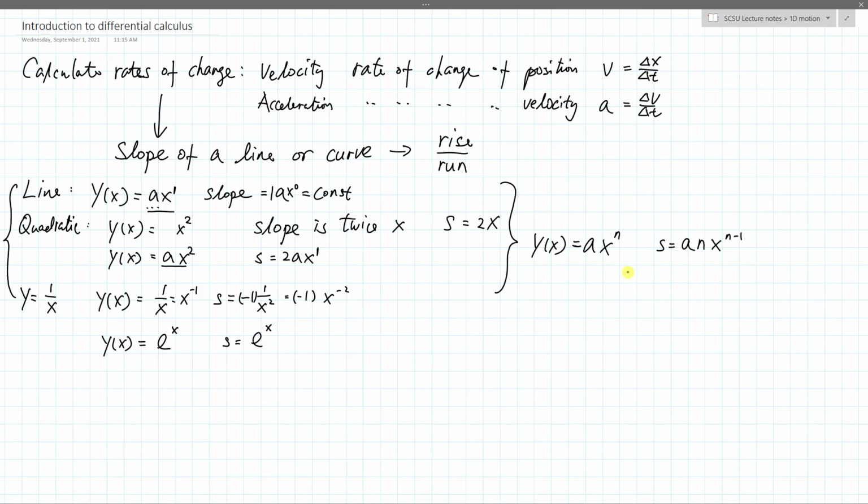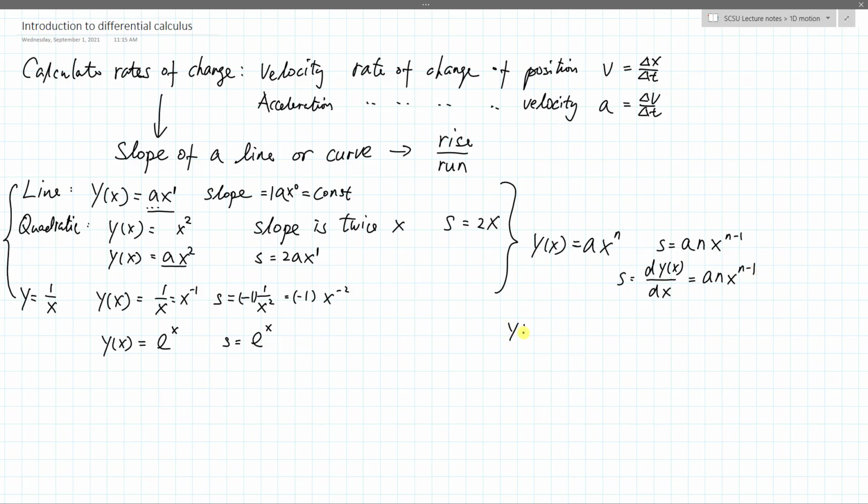So as is dy, y is a function of x, over dx, and the dy over dx, you can get rid of the intermediate variable called slope, is a n x to the n minus 1. All right, so we can do an example.